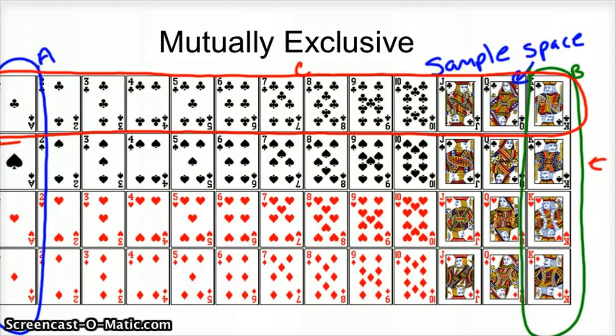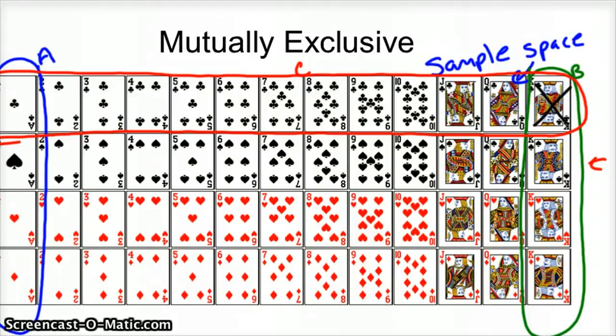So there's four kings here. There's four aces over here. There's nothing in common. Those are mutually exclusive events. Non-mutually exclusive events would be if there's some overlap or some things in common. Like if you notice here between B and C, there is a king of clubs here.